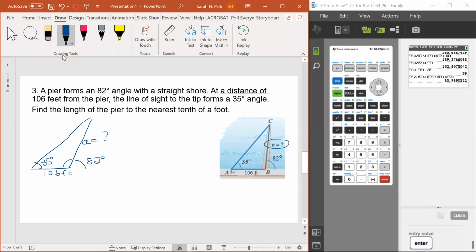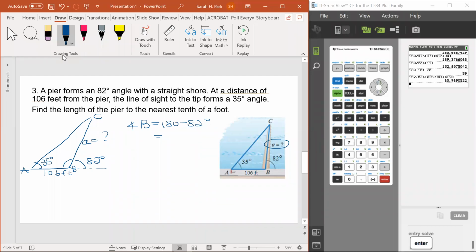And so to find the inside angle, because straight angles are 180 degrees, let's label this C, this is A, this is B. We can say that angle B is equal to 180 minus 82, right? Because we take 180, which is a straight angle, and subtract 82 from it.